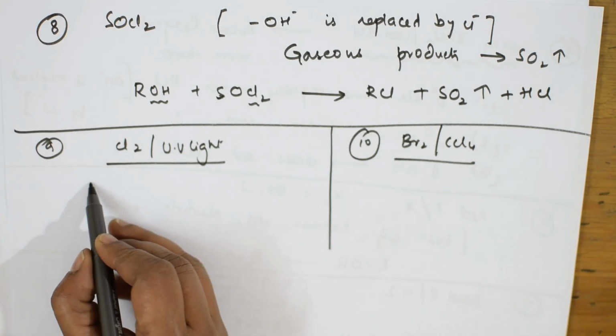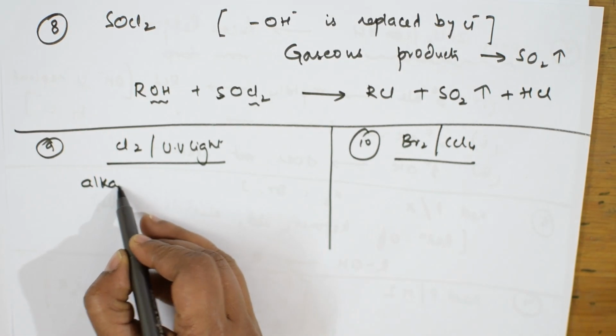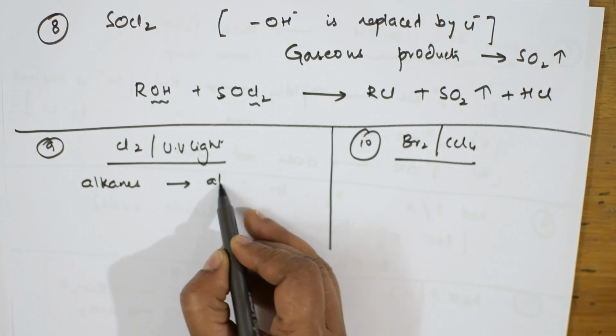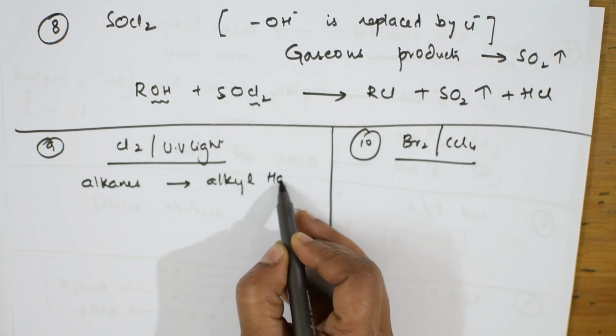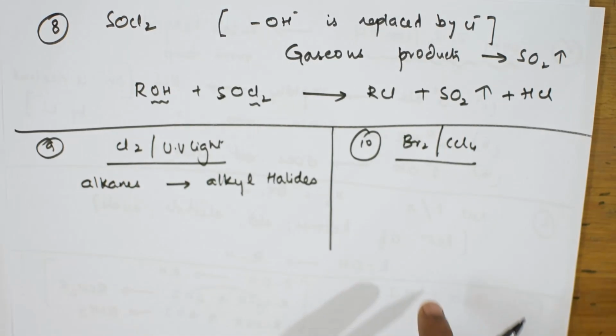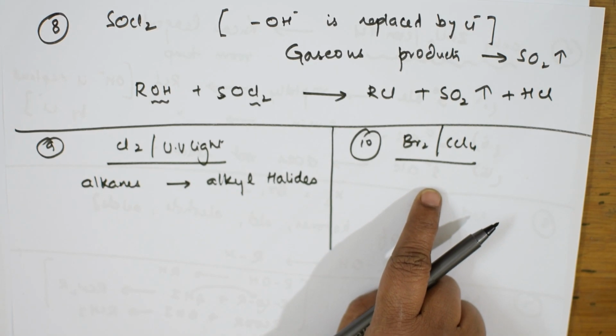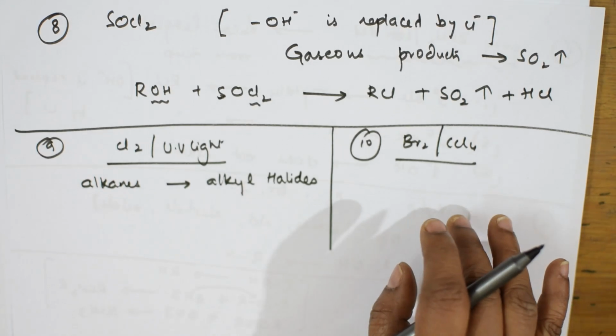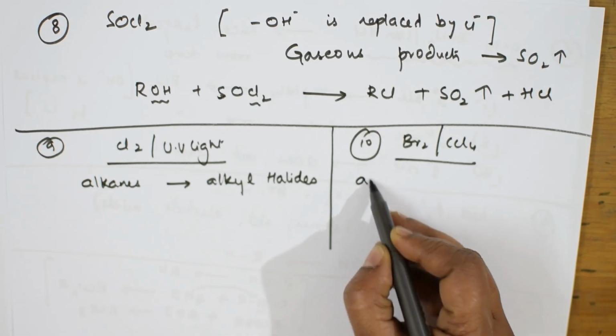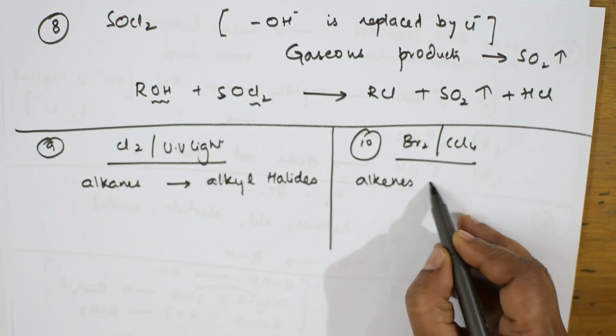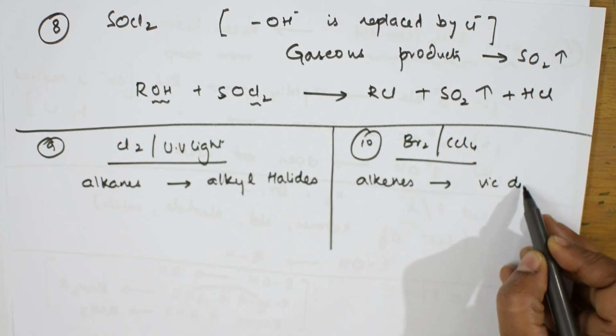Chlorine will always convert alkanes to alkyl halides. This is the reaction which is present in the first chapter, haloalkanes. If bromine is in the presence of inert solvents like carbon tetrachloride, carbon disulfide, it is going to convert alkenes to vicinal dibromide.